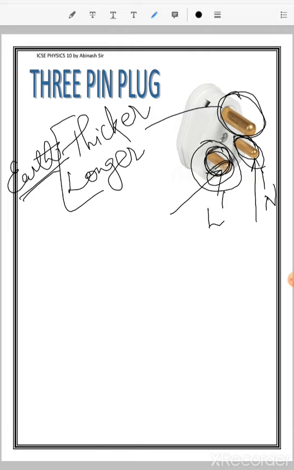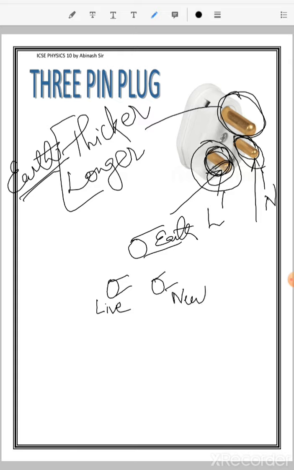This is what you must know about the positioning. If the plug is facing towards me, this is the earth, the thicker and longer one on the top. On the left I have the live, and on the right I have the neutral. Now how to remember?